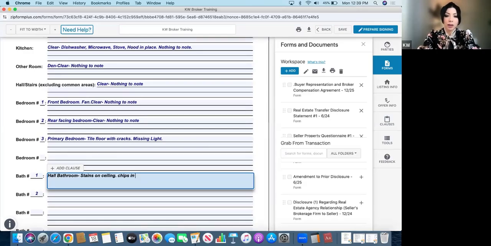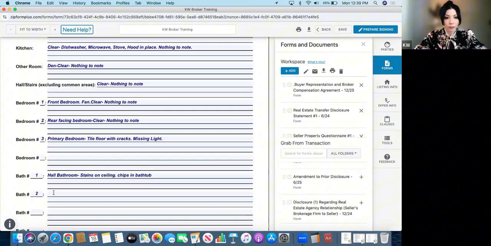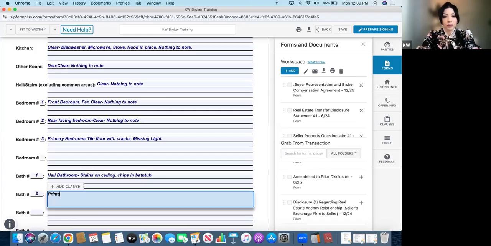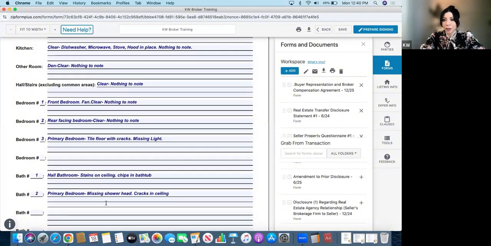Chips in bathtub. Okay, so you can note things that you see here.